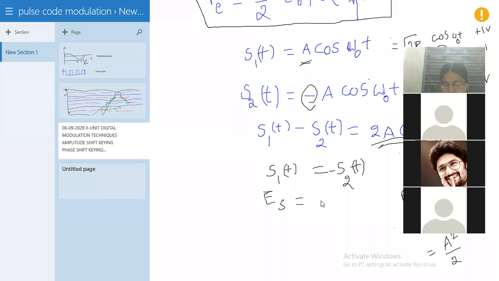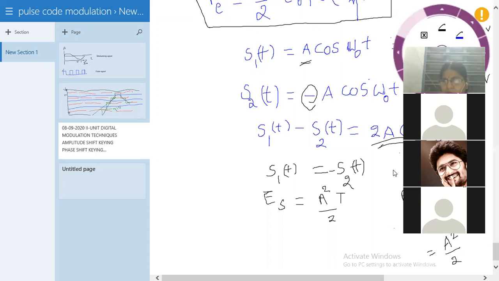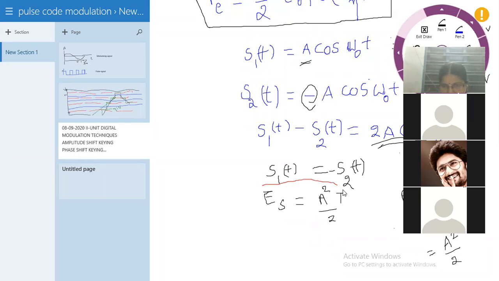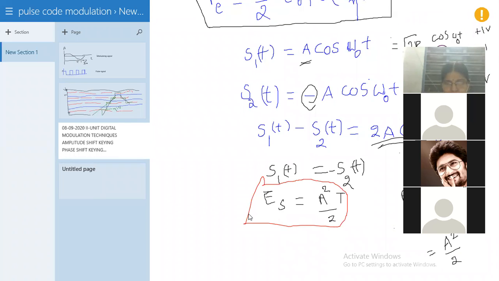Here we multiply it with T, which gives the power within that bit duration. A square by 2 into T is the bit energy that is present, and that is nothing but Es in PSK, because S1 of t is equal to minus S2 of t.